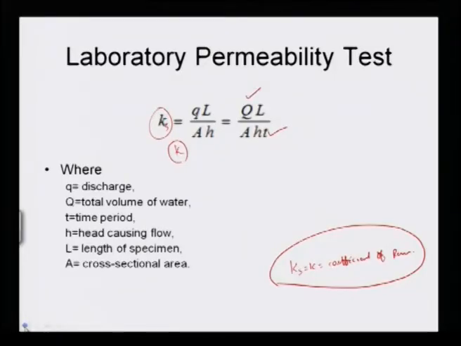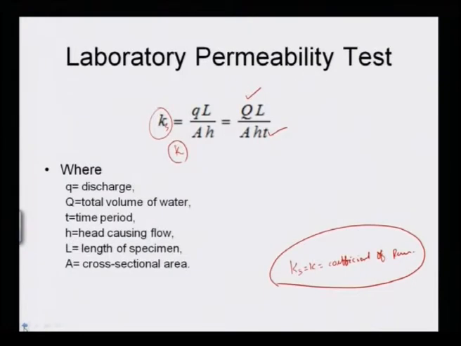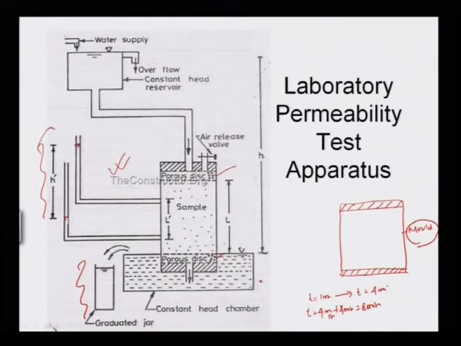From there you can find your discharge, or the total volume of water collected in this graduated or measuring jar. Then the head causing the flow, you can find from here by measuring the piezometer.